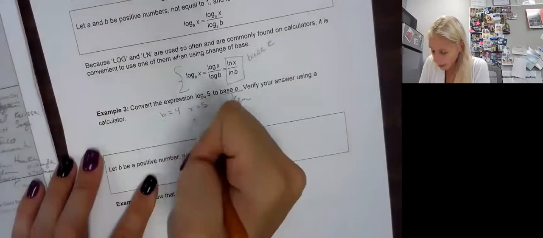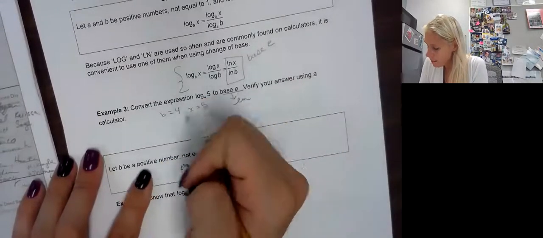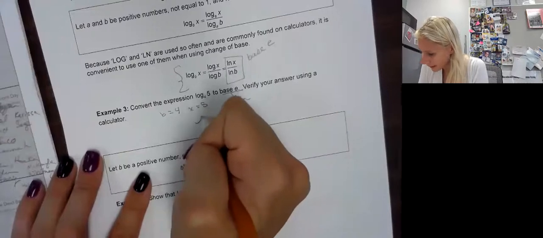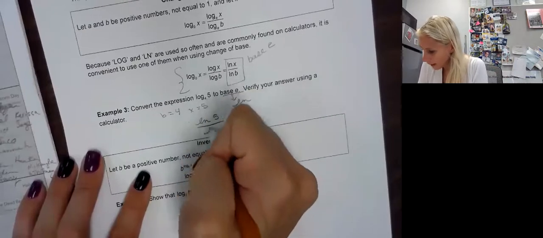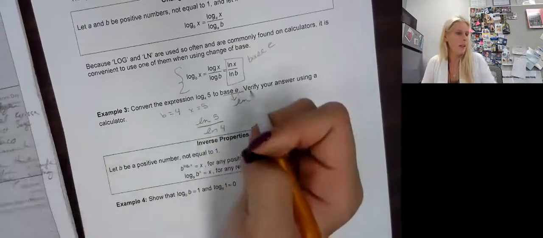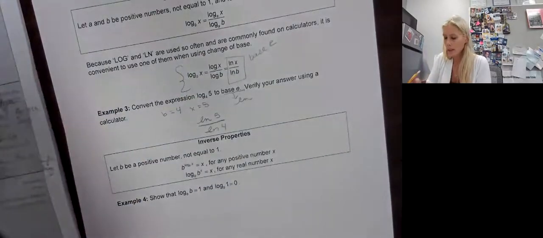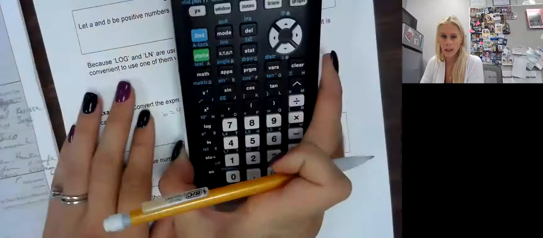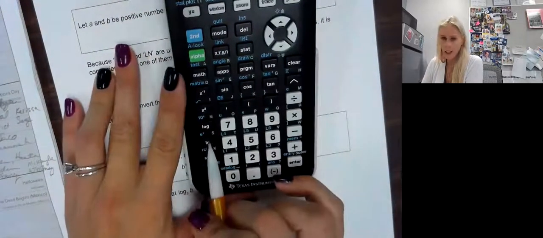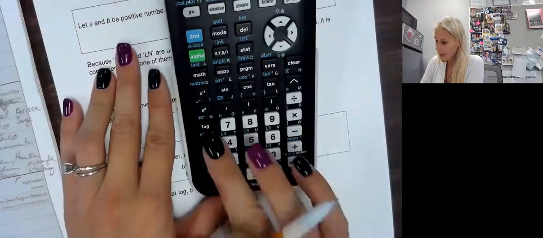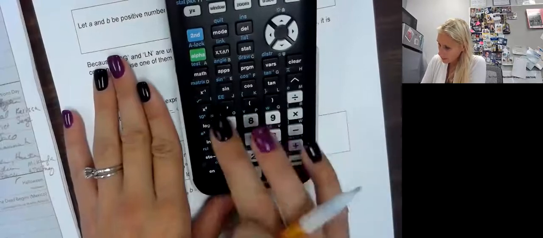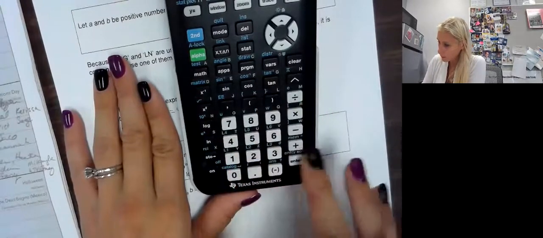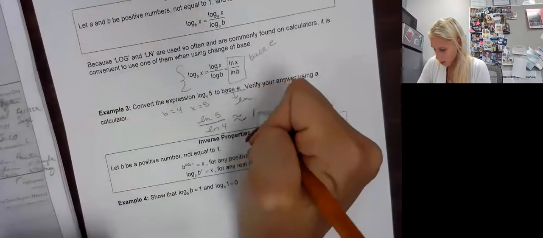So that means when we have this log base 4 of 5, I can simply say in our calculator ln 5 divided by ln 4. Now, I know I'm using my graphing calculator, but I promise it's just about what it looks like. On your calculator, look for the ln button. So I'm going to say ln 5 divided by ln 4, and I'm going to go out a couple decimal places, so 1.16.